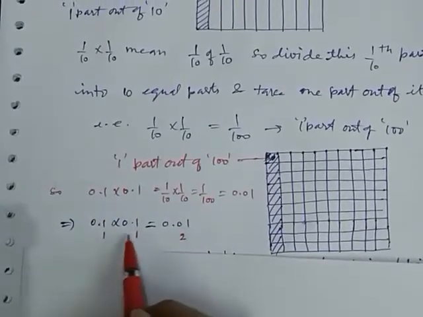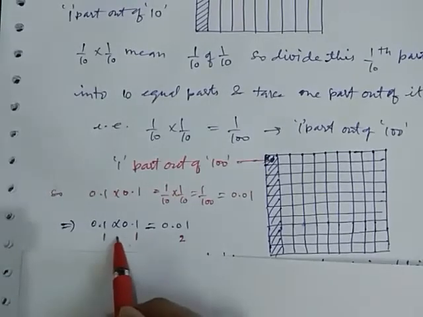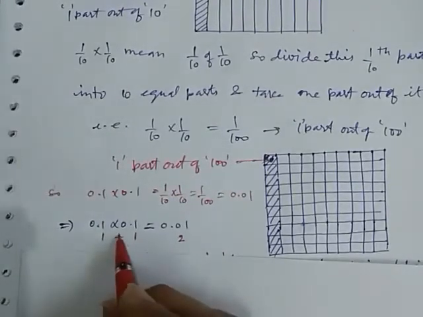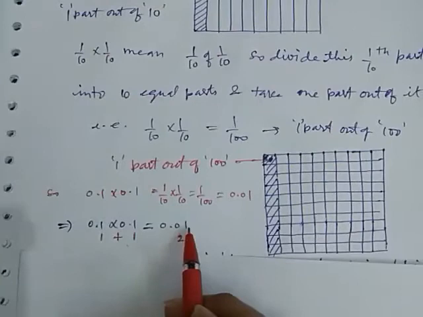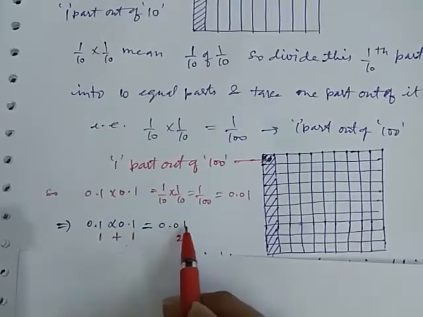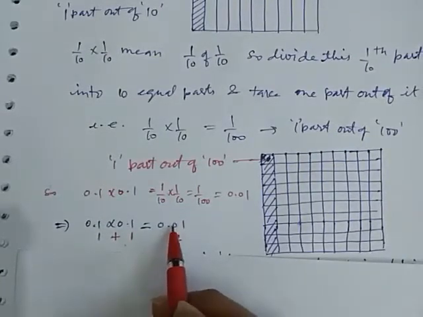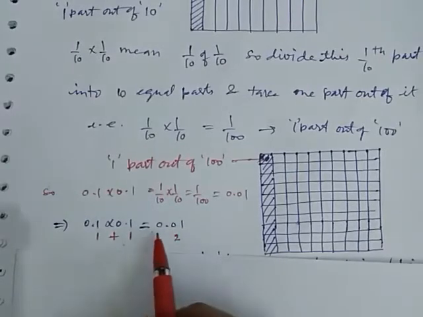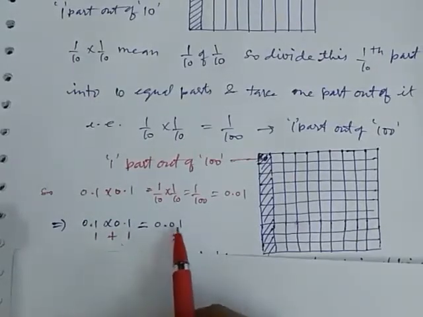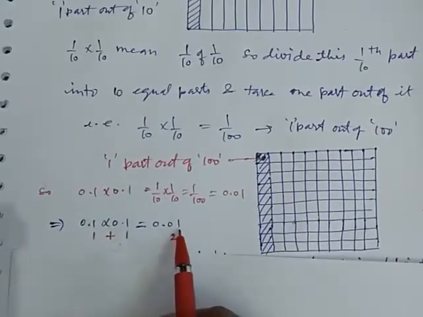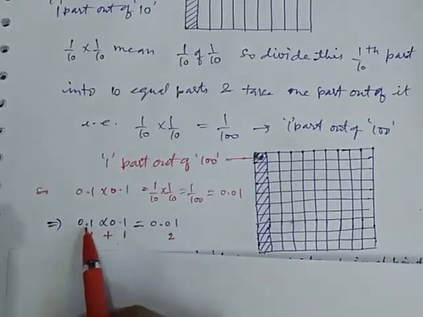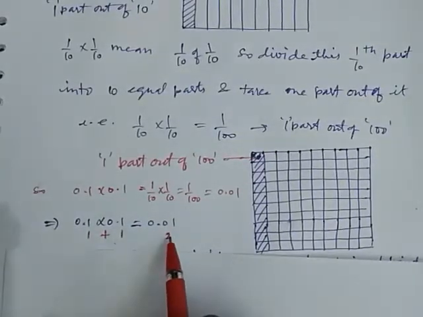So we add both of them, 1 plus 1, 2, and we put the decimal after 2 digits, 1, 2 here. So the number of digits after the decimal is constant. Here 1 plus 1, 2, and here 2.